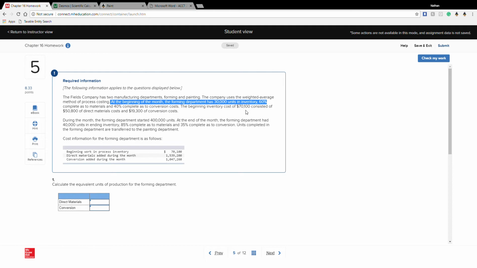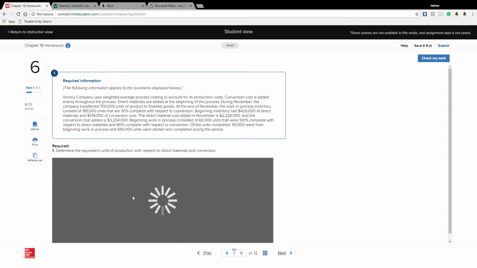During the month, the forming department started 400,000 units. At the end of the month, the forming department had 40,000 units in ending inventory, 85% completed as to materials, and 35% completed to conversion costs. Now, since I want to picture what's going on, again, I want to go to question 6.